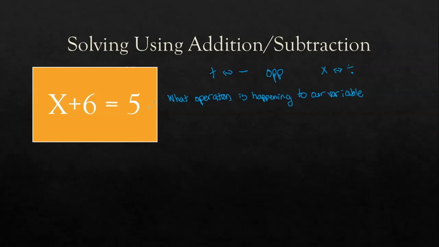So in this equation, we have x plus 6 equals 5. So we know where our x is, and we're going to ask ourselves what is happening. There's a 6 here. Is the 6 being subtracted from x? Is it being added, multiplied, or divided?